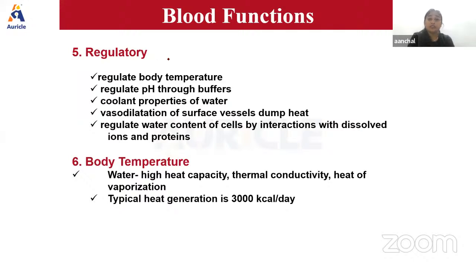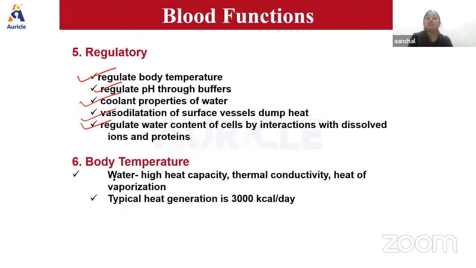Then we have the regulatory function also. Blood is responsible for regulating body temperature, and for regulating pH through various buffers like the bicarbonate buffer and phosphate buffer. Then coolant properties of water are there, and vasodilation of surface vessels dumps heat. Then it is also responsible for regulating the water content of cells by interaction with dissolved ions and proteins.